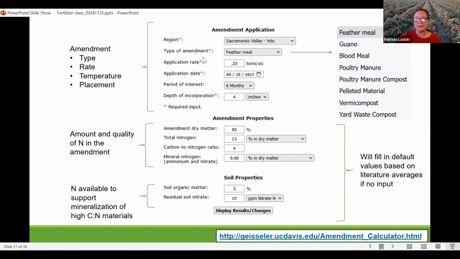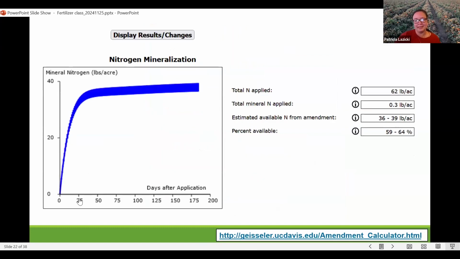For things like composts or for fertilizers where there's a big range, you'll probably want to put in at least the C to N ratio or the total nitrogen, because otherwise it'll fill in a default value that may or may not be relevant.